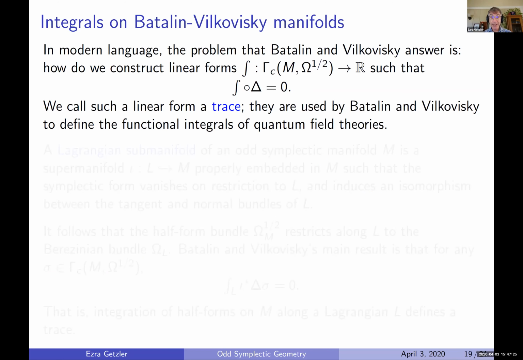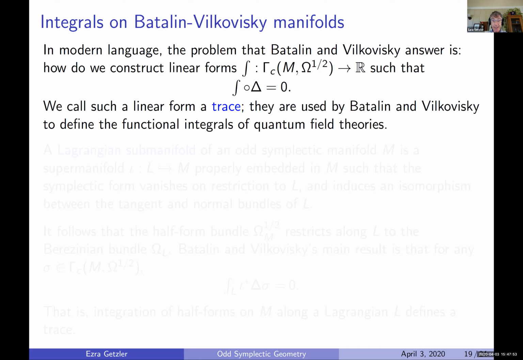Okay, so now I come to the actual topic of the talk, which is the construction of integrals on sections of the half forms. So we have this line bundle, the half form line bundle over our supermanifold, and we can look at compactly supported sections of it and ask, how do we construct linear forms on that which vanish on the image of Khudaverdian's operator delta?